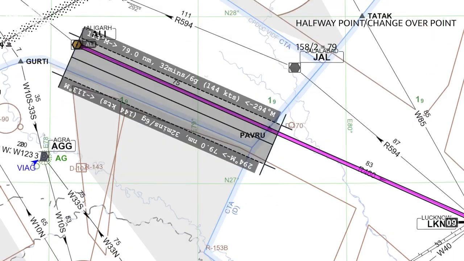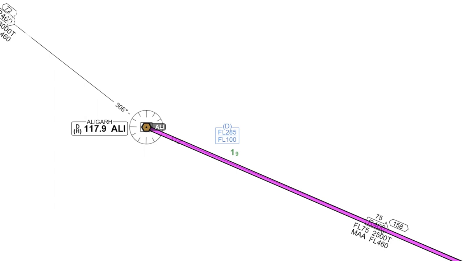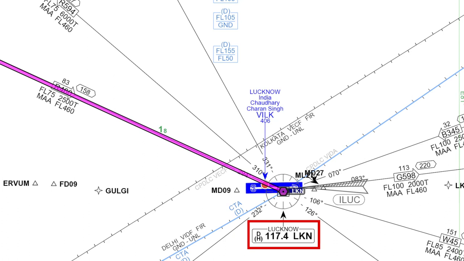Hence, the halfway point will be at 158 divided by 2, that is 79 nautical miles. So at 79 nautical miles from VOR DME of Alpha Lima India, you will have to change the frequency to Lima Kilo November VOR and identify. This frequency is 117.4 as depicted here.